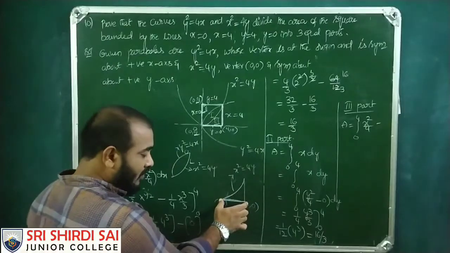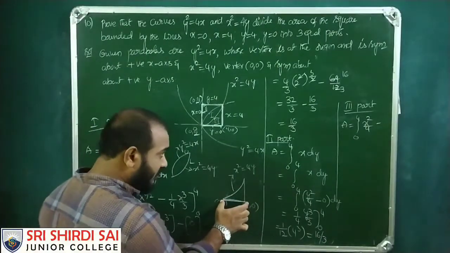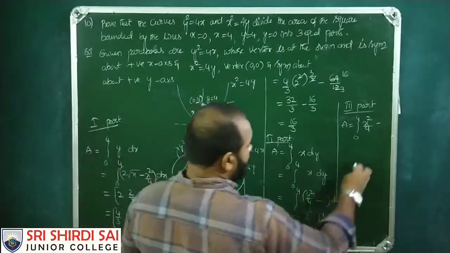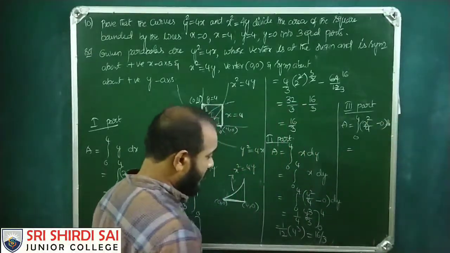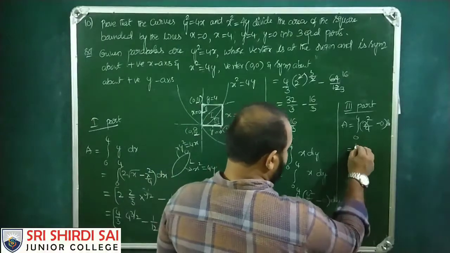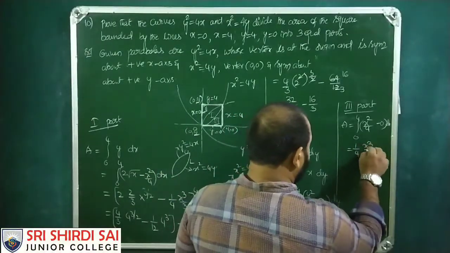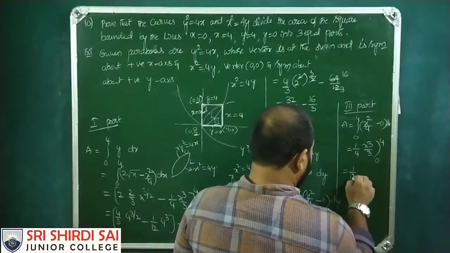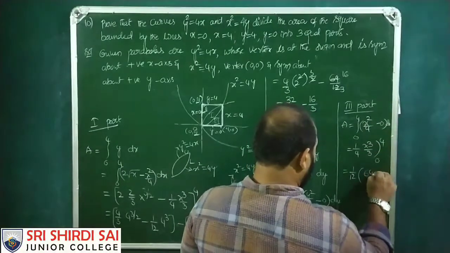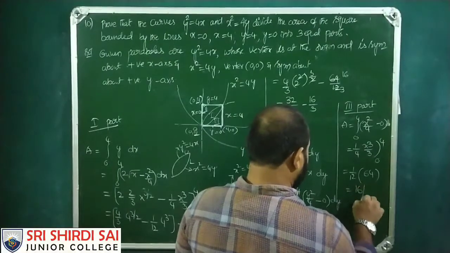What is this? X-axis. The x-axis equation is y equals to 0. So minus dx. So here also we will get the same 1 by 4 into x cube by 3. The process is over, 0 to 4. 4 3s are 12, x cube is 4 cube, 64. So this is also 16 by 3.